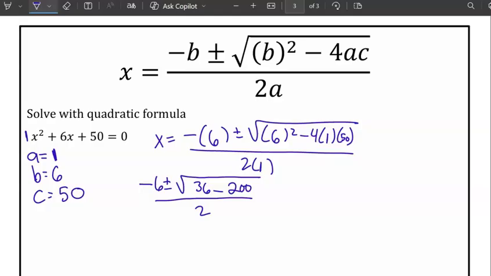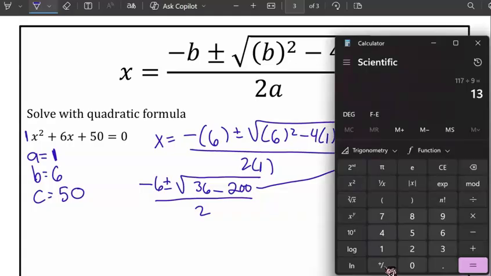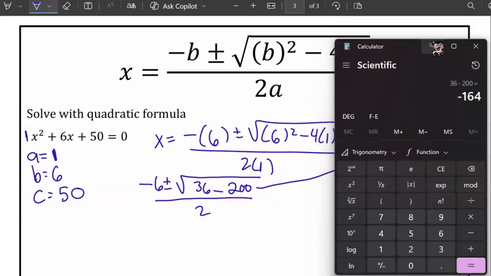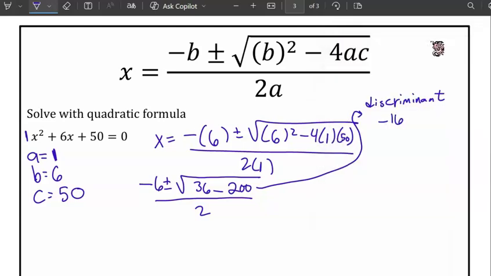From here, let's find the discriminant. 36 minus 200 is negative 164. That means we're going to have two complex solutions here, two imaginary answers. Let's simplify that square root off to the side. We take out the negative 1.